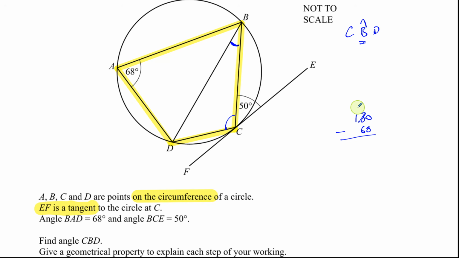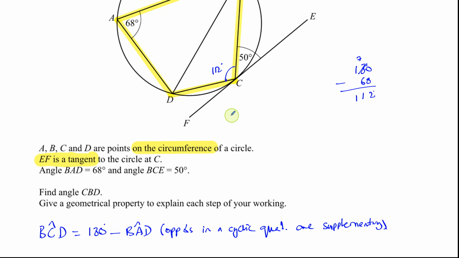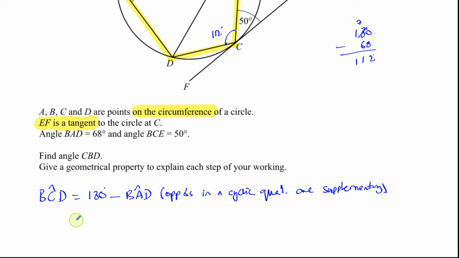We can also do it like this: take one from there, put it there. That's 10 minus 8, which is 2, and 7 minus 6, which is 1. So 112 degrees. So we can say that this is equal to 112 degrees. That's a geometrical property to explain the first step.